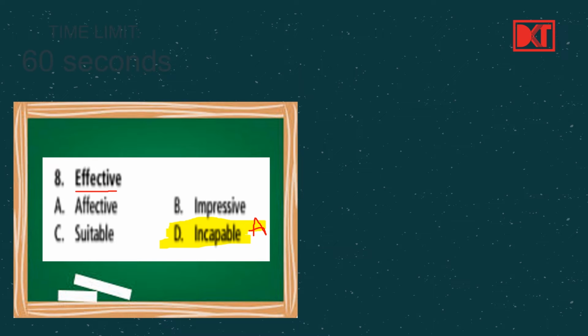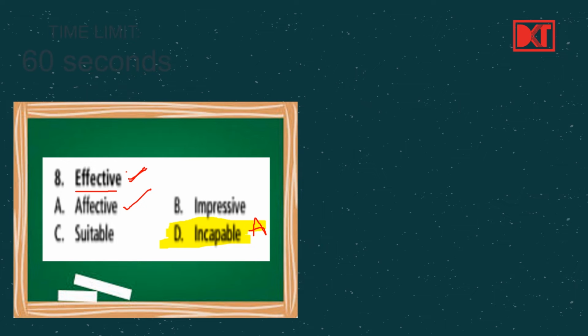Then the other words like effective, this means something that is useful and you being able to perform it. And here we have two of these, which are effective and affective. Now effective is used to describe something which produces the result that was required.